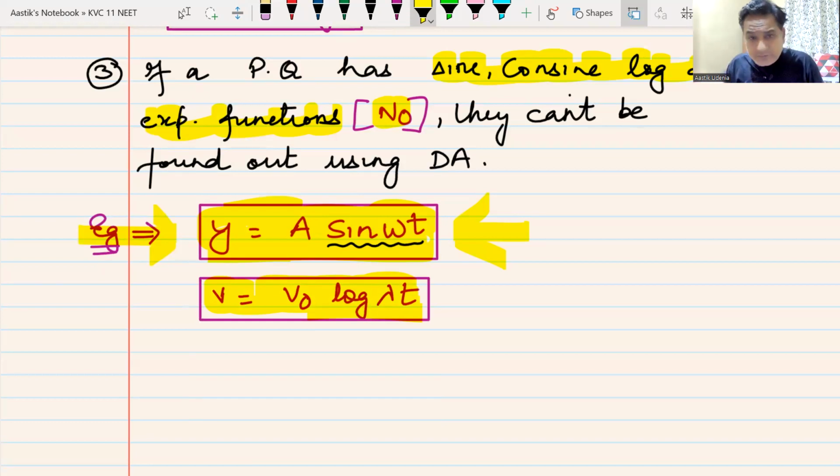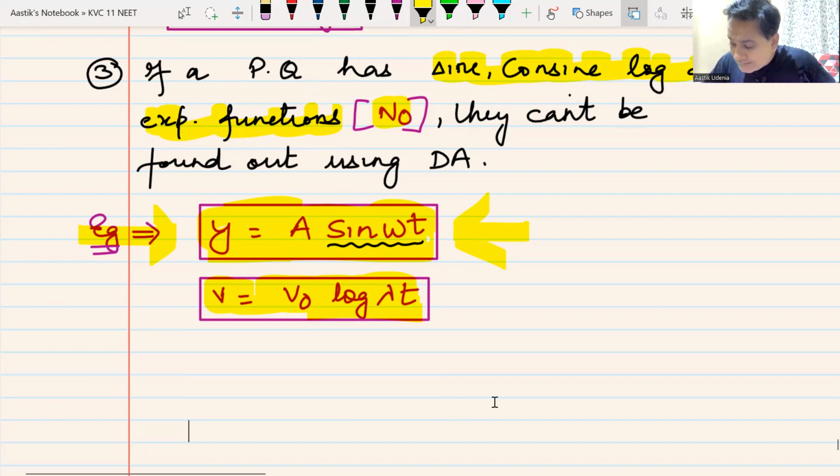If it has a number, we can only get a rough formula. If it has sine and cosine, we'll again not be able to derive it. Do we understand this? This is the third limitation of dimensional analysis. I hope everyone is noting this down, yes or no?